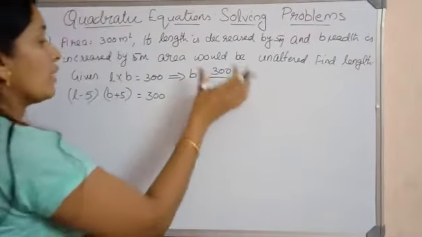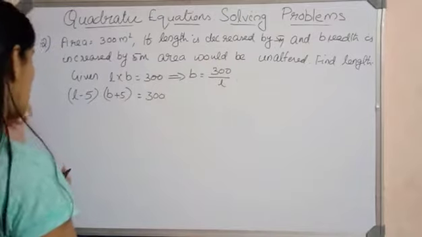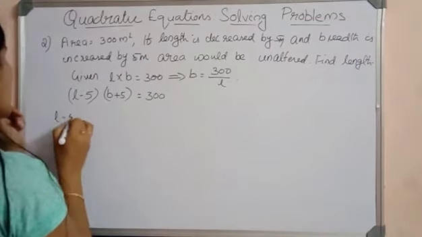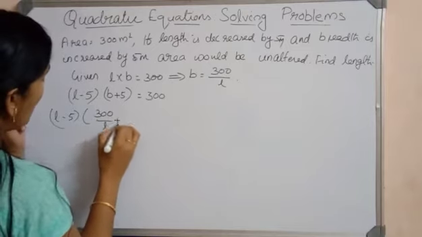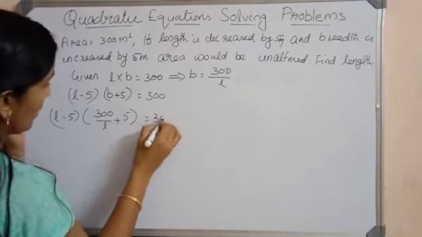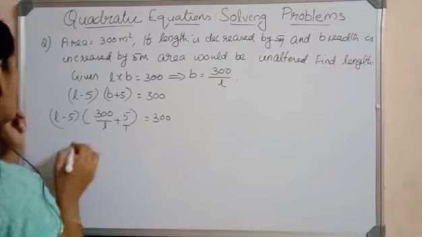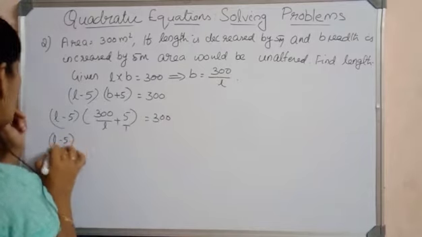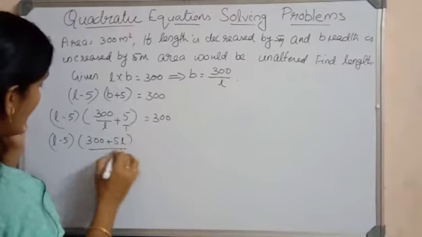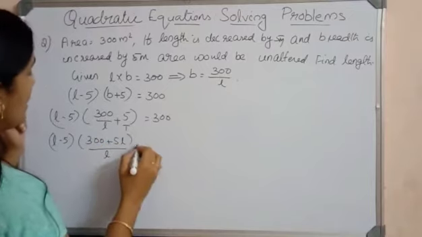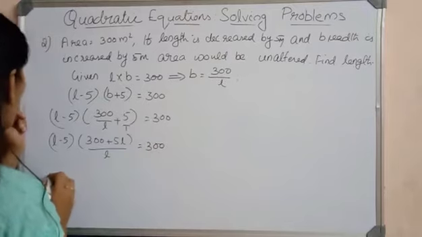Now let's substitute the value of B in this expression. So this will be (L minus 5) into (300 by L plus 5) is equal to 300. Now on simplification, (L minus 5) into (300 plus 5L) divided by L is equal to 300.